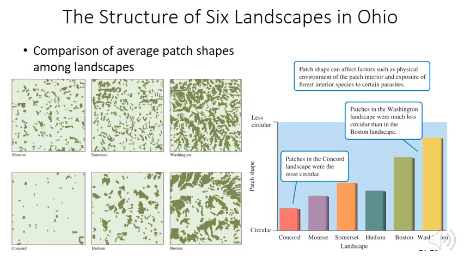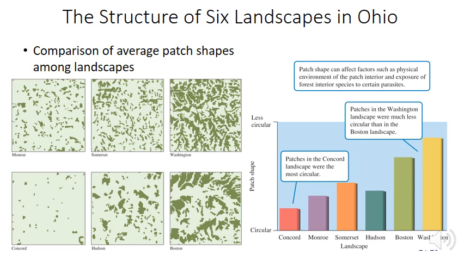So this graph on the right shows the results of Bowen and Burgess of the average patch shape in these 6 different regions. So the Concord region had the roundest patches, it had the lowest value for S, despite having the lowest number of patches and the lowest total forest cover. The least round patches were found in the Washington region, which is also the region with the highest total forest cover.